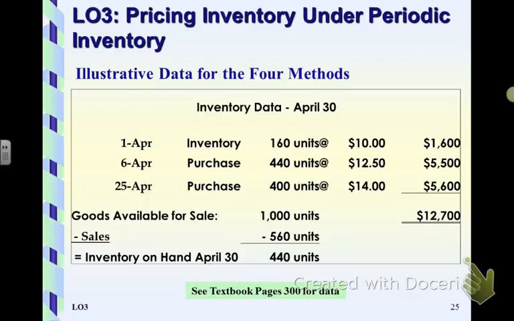They know exactly and specifically which aircraft they're selling. They have to. A car manufacturer is going to know exactly what car. They track each car by VIN number. So there are some companies that only use the specific identification method because they have specific specifications associated with each sale.